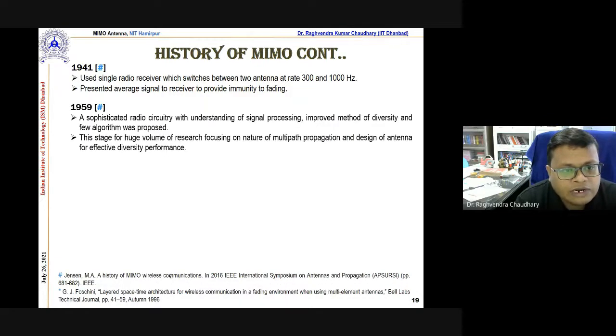Then in 1959, a sophisticated radio with signal processing improved the methods of diversity, and a few algorithms were proposed.